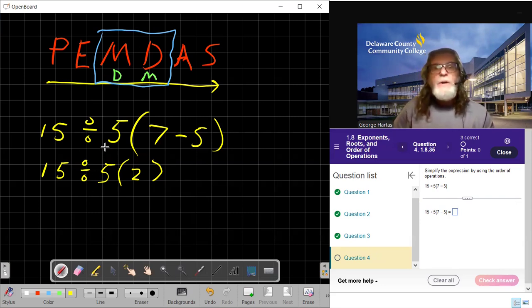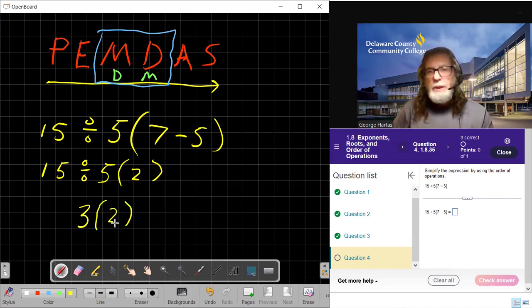So we got to divide first, not multiply, because we have both division and multiplication at the same time. 15 divided by 5 is 3. And again, when you bring the 2 down, don't put a plus there. Bring it down exactly the way it is, which is inside of a parenthesis. Because this is multiplication, it has to stay as multiplication.